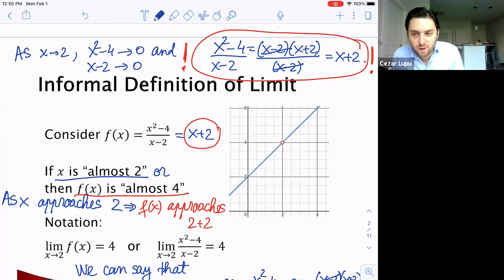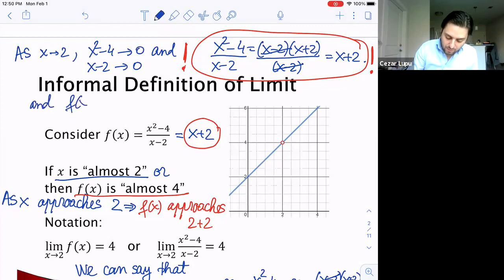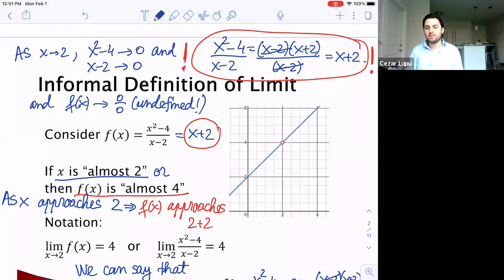Zero over 0, right? You see the top is 0 over 0, which is undefined. So make sure you see this is your first instance of the limit.